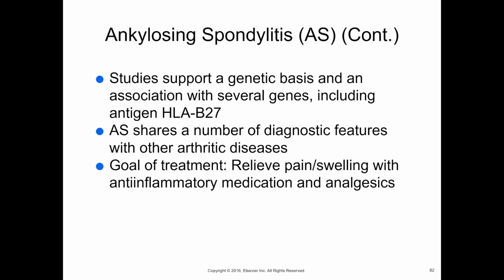And in fact, I believe the numbers are about 70% of people with ankylosing spondylitis are positive for rheumatoid factor. I think it's 90% of people with ankylosing spondylitis have positive HLA-B27, but only I think it's 10% of people with HLA-B27 positivity have ankylosing spondylitis, right?